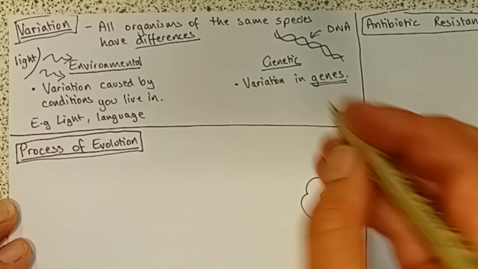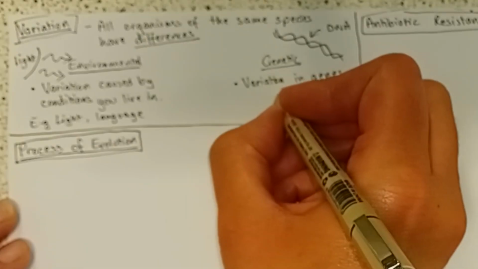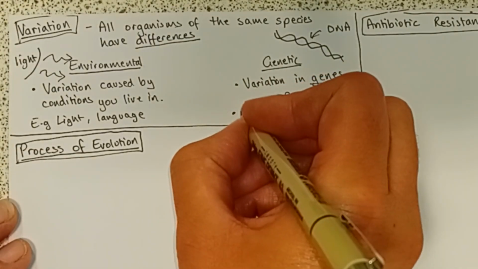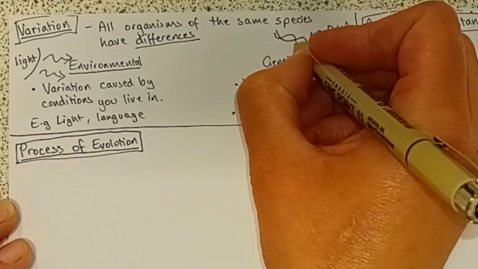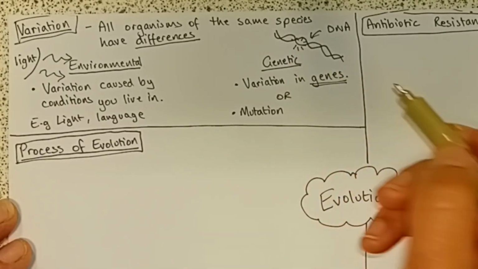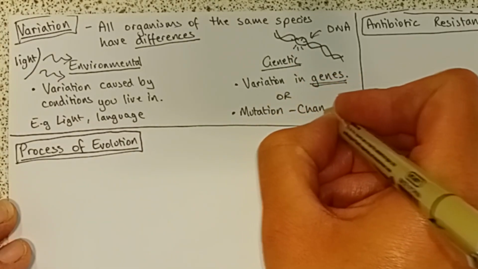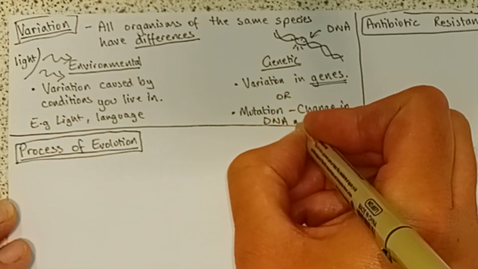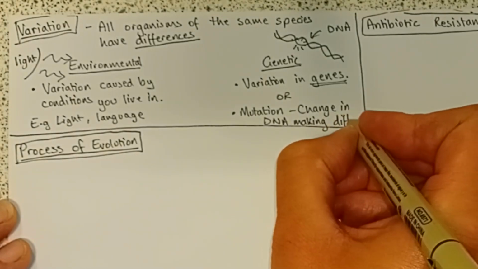They're only genetic. They've been handed down in your genes from your parents. Another type of genetic variation is mutation. This is when there is a change in the DNA, making a different protein.